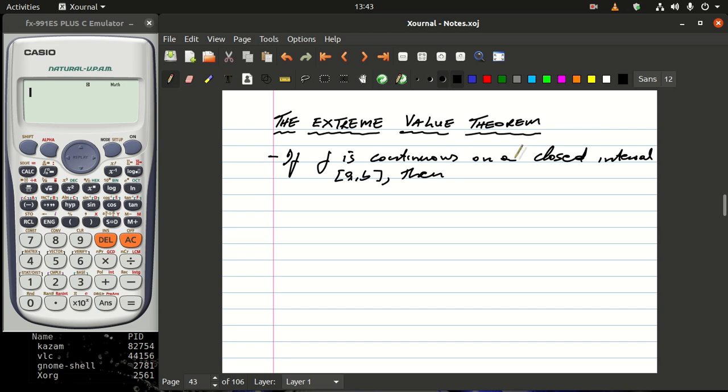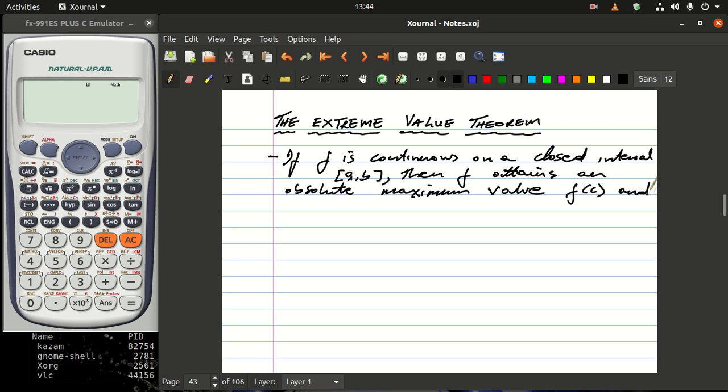So if, let's say, we have a function that is continuous on this interval, then f attains an absolute maximum value f of c, and an absolute minimum value f of d.